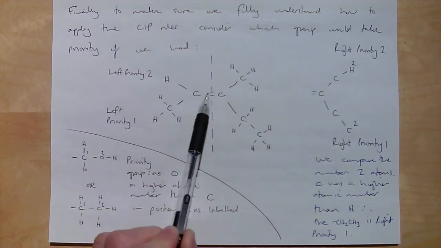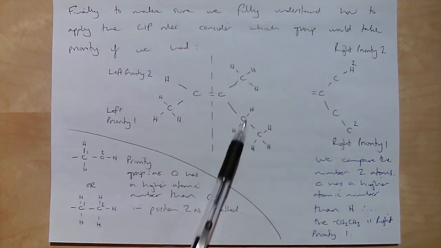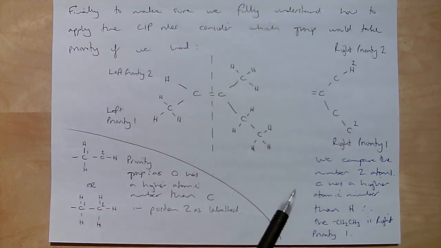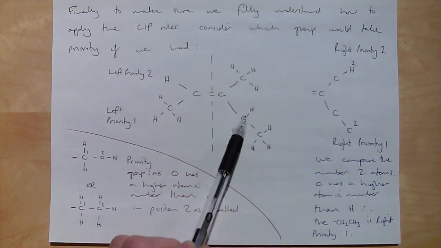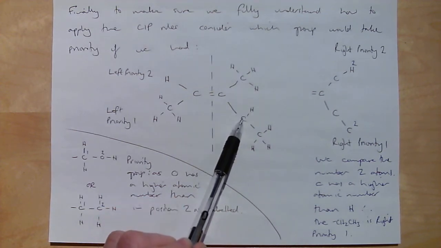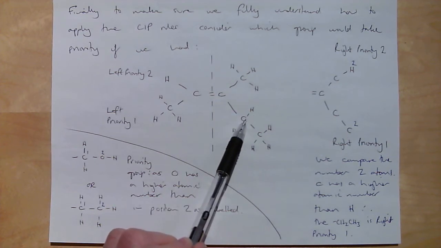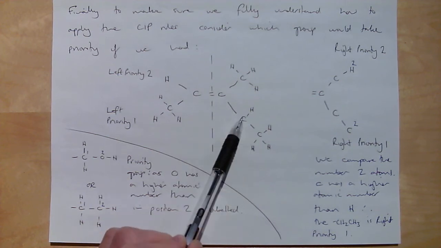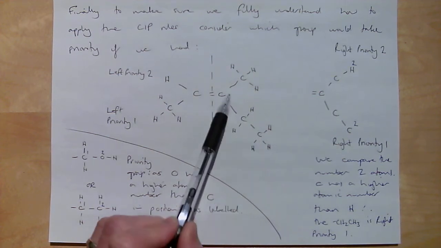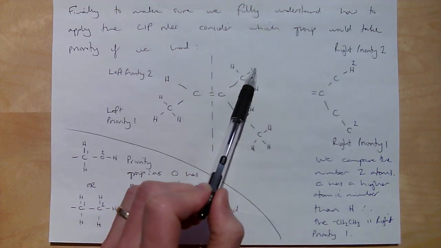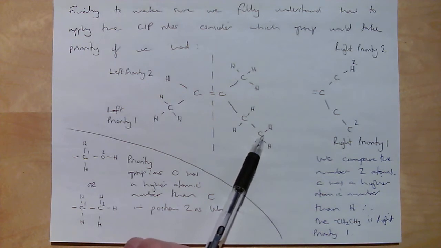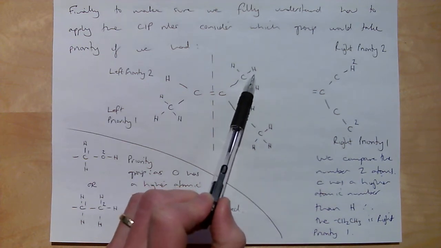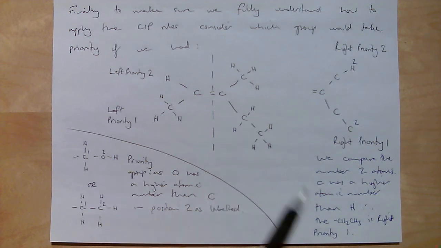Then I look to the right of the carbon-carbon double bond, so I'm comparing this group and this group, but I compare the atoms, don't I, that are attached to that carbon. So this carbon here is attached to that carbon, this carbon here is, well, they're the same atoms, so I need to then move to the next atom in the chain. Okay, well, this group at the bottom, my next atom in the chain is that carbon, and on that carbon my next atom in the chain is a hydrogen, so I'm comparing this carbon with this hydrogen. This carbon has a higher atomic number, so therefore this group takes priority.